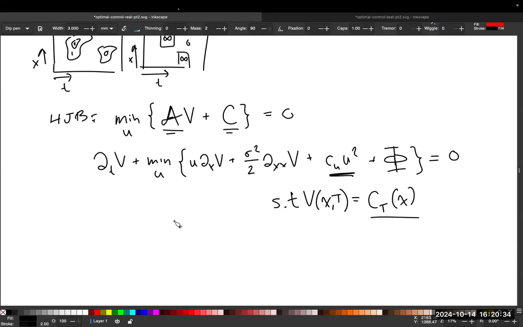So first off, let's arrive at that nonlinear PDE. Let's notice that our trick last week where we were able to find the minimizing u by finding the vertex of a quadratic function still works because in all of our terms in u, the highest degree is second degree, and then we have our first degree term over here. And so again, we can make the substitution u star is equal to negative partial x v over 2 cu.